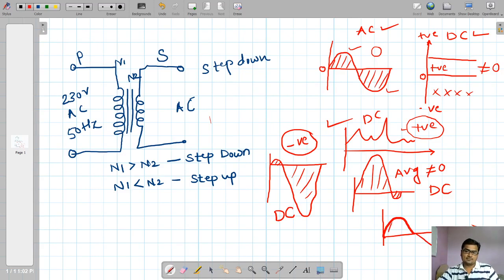Now here, see, the positive half cycle can cancel the negative half cycle. It means the average value of the complete signal is equal to 0. The signal is AC. So that is the basic difference between an AC signal and a DC signal.